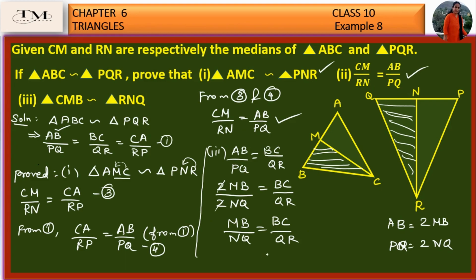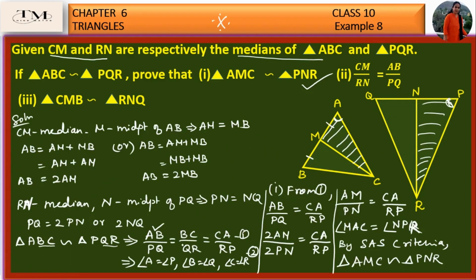If we have one angle equal, then in the same way we proved the first part, we can prove it by SAS criteria. Which angle can we choose? By this similarity, we have angle B equal to angle Q. Let me show the previous page. We got angle B equal to angle Q, so we are going to use this concept.